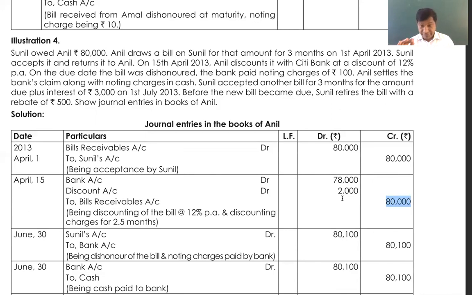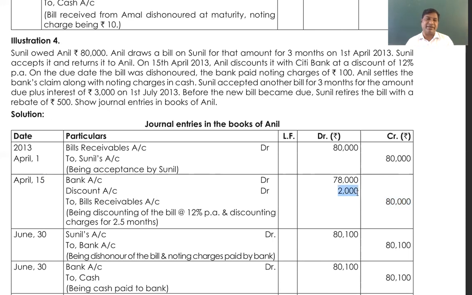Per month discount. Or you can even calculate this way: 2.5 months by 12 months into 12 by 100 into 80,000. This also gives you 2,000. You can calculate per annum on 80,000, 9,600, divide it by 12 because there are 12 months in a year. Then you will get 800. 800 into 2.5 months gives you 2,000.